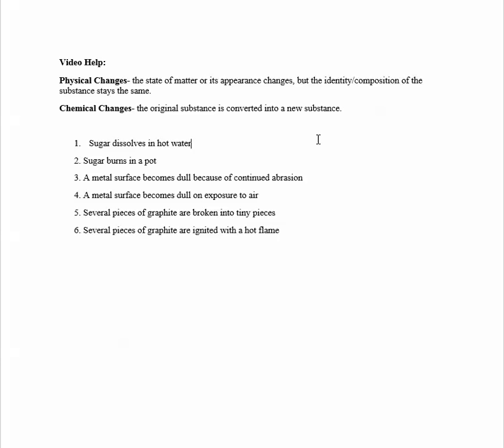Okay? It becomes an aqueous solution, which we'll study in this class, but it is still going to be sugar. And the way that I know that is I can actually get rid of the water by boiling away the water, and I can get my sugar back. So this is going to be a physical change and not a chemical change.